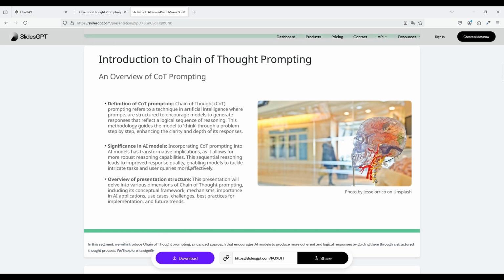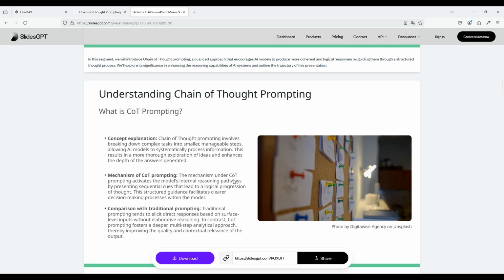It is significant since when you incorporate chain of thought prompting into some use cases, it allows for robust reasoning capabilities without, for example, skipping some important parts. So this improves the response quality, and of course, it enables us to tackle, so to say, hidden tasks, for example.